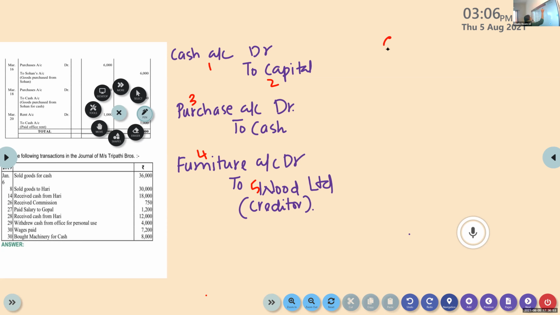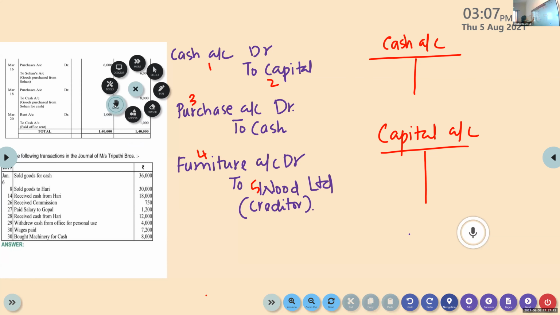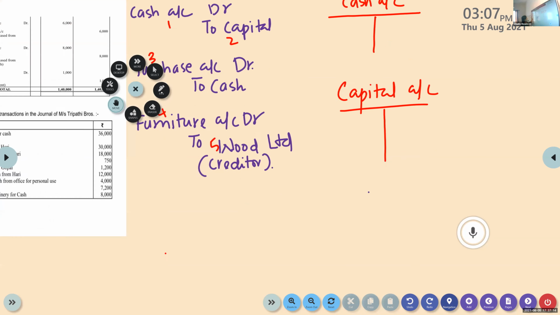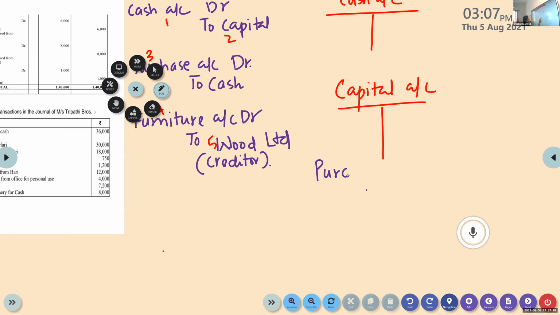So the first one, I am going to prepare a cash account. Then a capital account. Then what? Purchase account. Then what else?